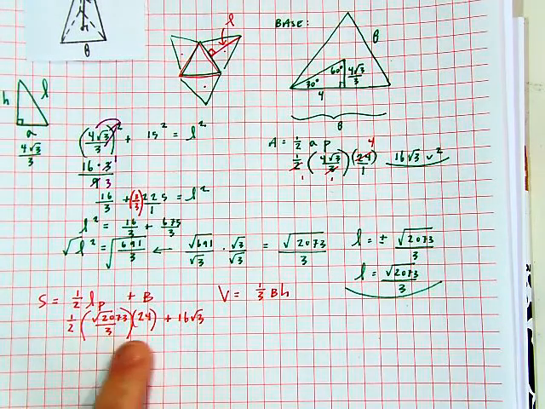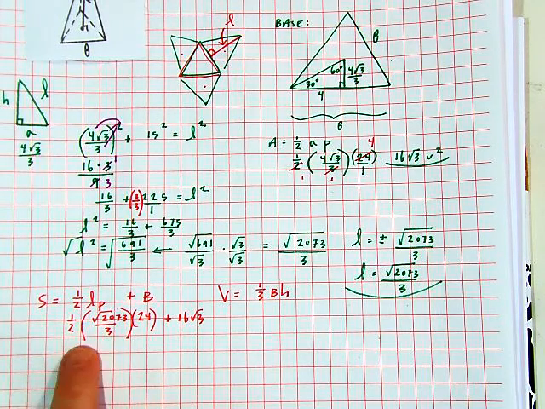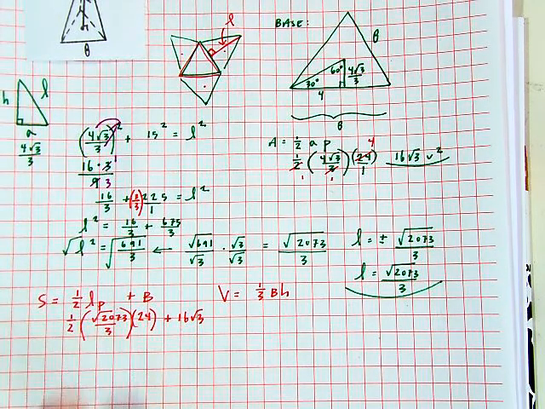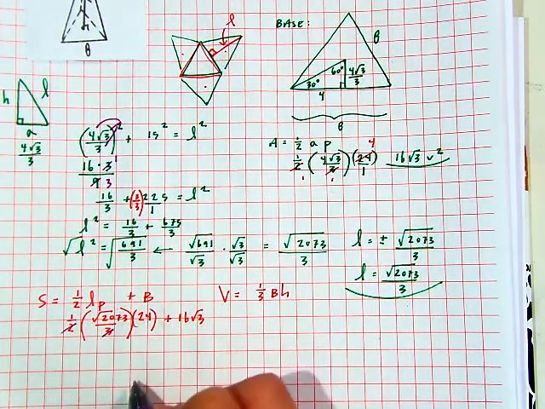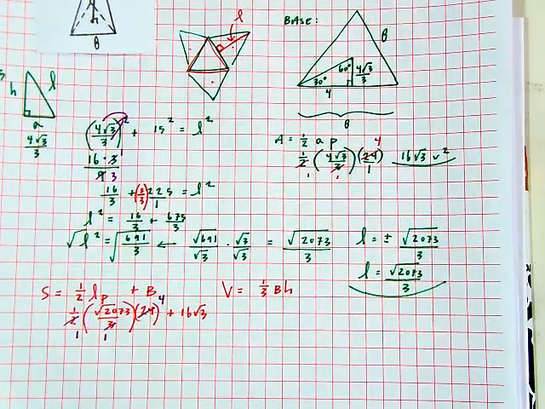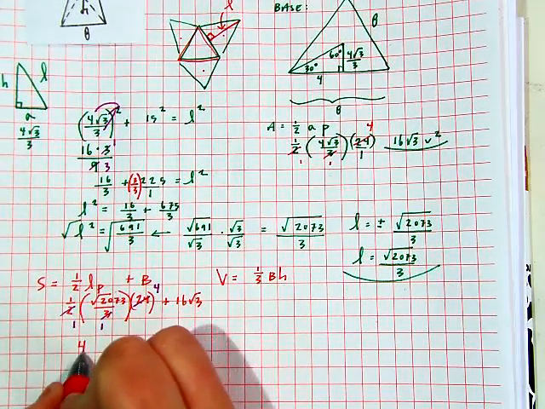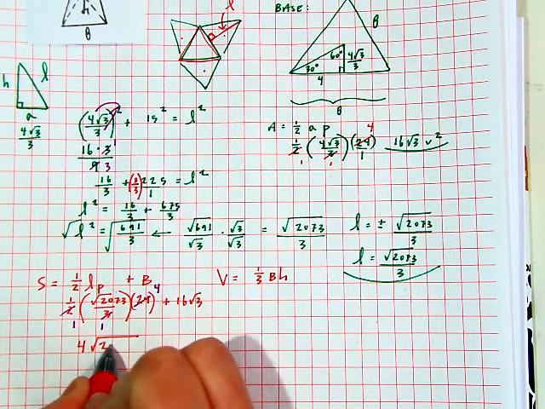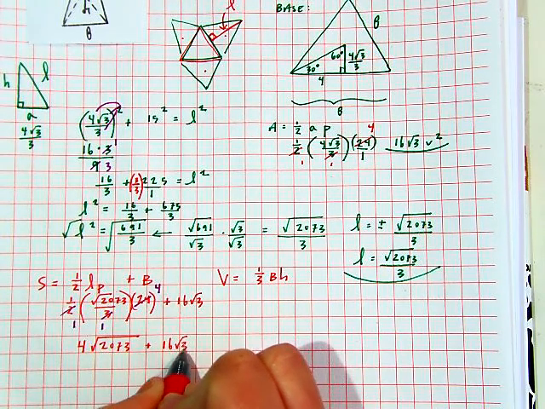So here if I multiply across, again, I could do the same thing that I did before, where I said, okay, well this 2 and 3 would make a 6. And 6 goes into 24 4 times. So I can simplify a little bit before I push forward. So now I have 4 times the square root of 2073 plus 16 root 3 units squared.